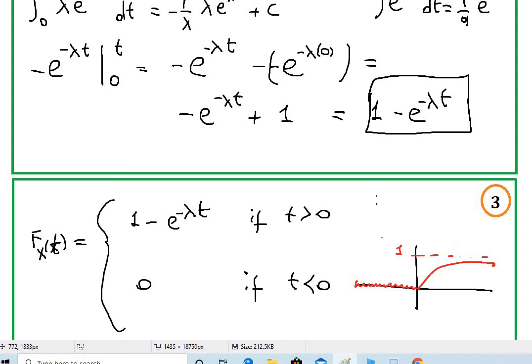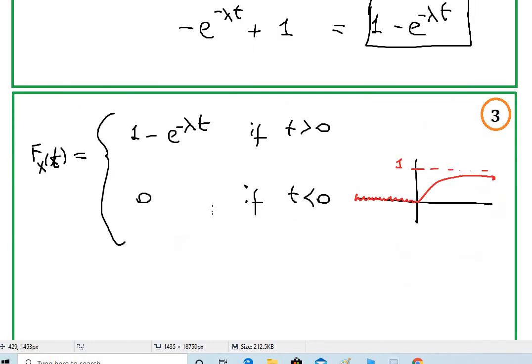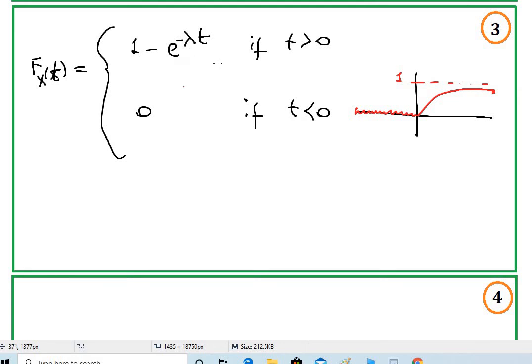So now we know the probability density function, and we derived the cumulative distribution function. Let's also see how we're going to use the cumulative distribution function to compute any probability. What does 1 minus e to the negative lambda t mean? That means if we have the probability that X is less than or equal to little x, or t in this scenario, we can use the function 1 minus e to the negative lambda x.